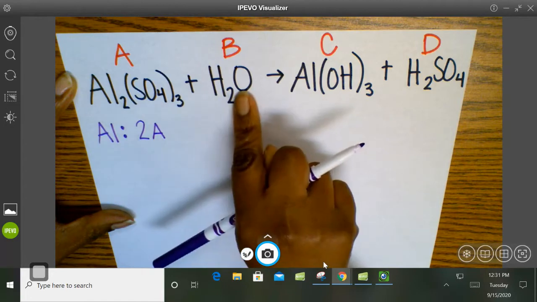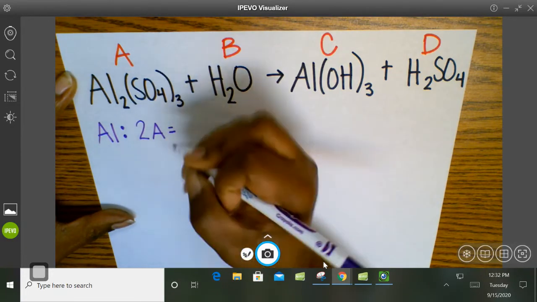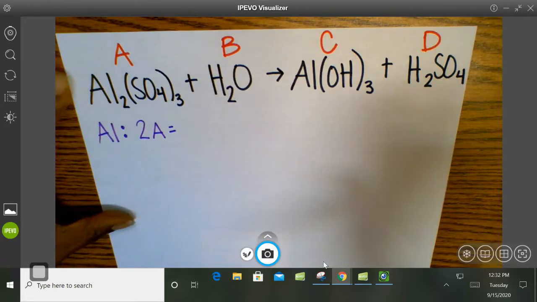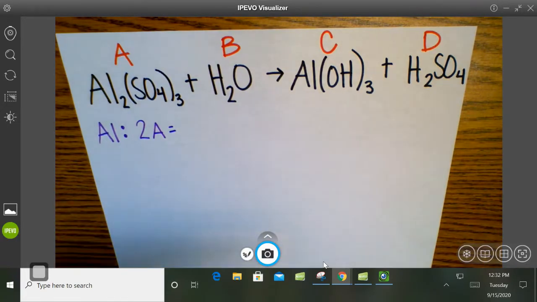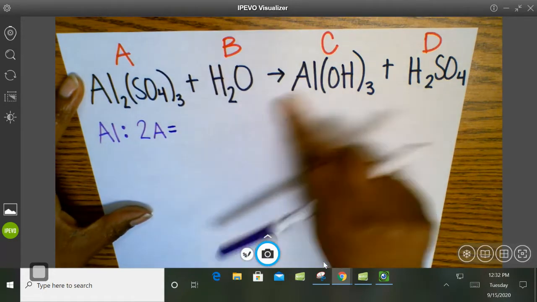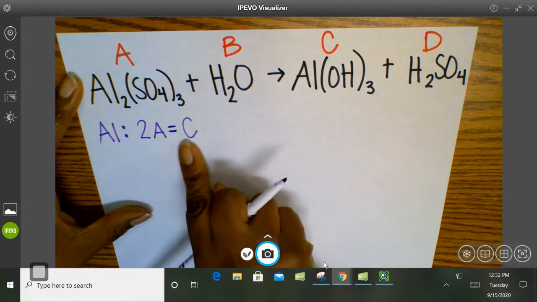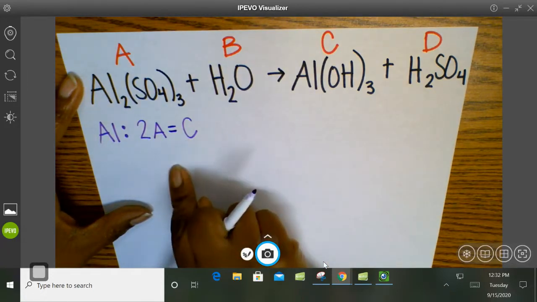I don't have any more on the reactant side. If you remember, equations obey the law of conservation of mass, so what you have on the reactant side will equal what you have on the product side. So I use the equal sign here. And there's one aluminum under C. So for aluminum, 2A equals C.